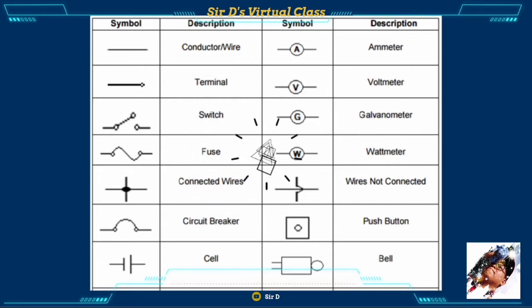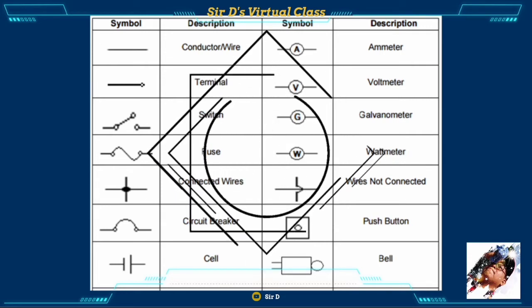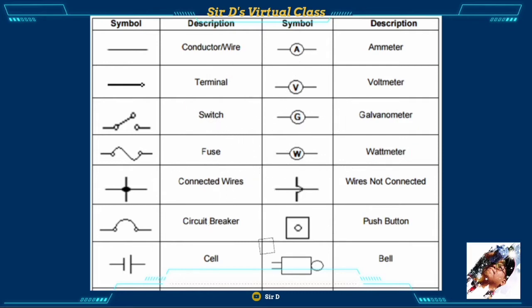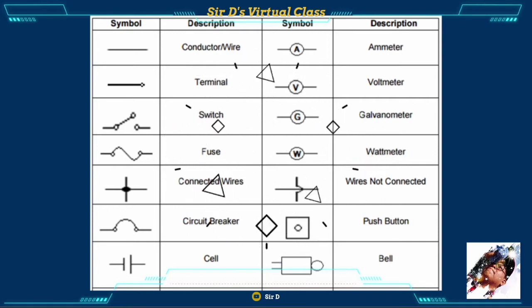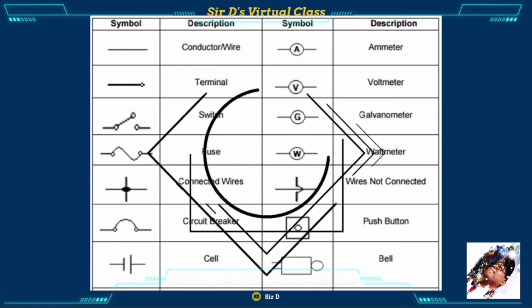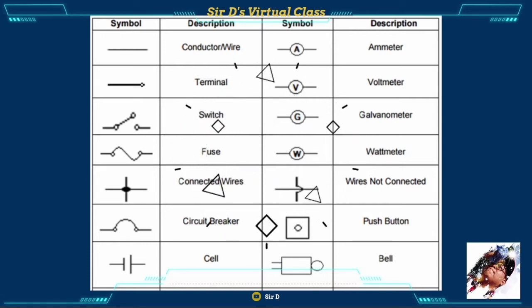Next to it, you have your terminal, having that horizontal line with a dot or a small circle at the end. Following this is the switch, the fuse, connected wires, circuit breaker, and cell with their respective illustrations.